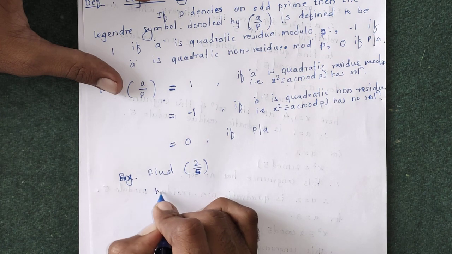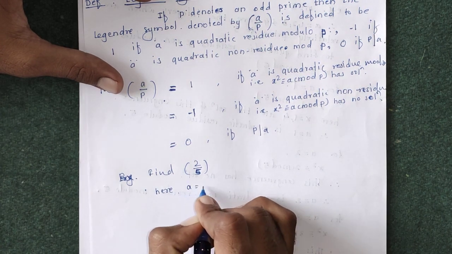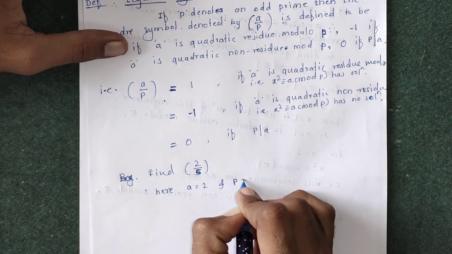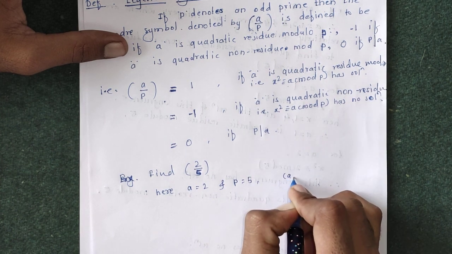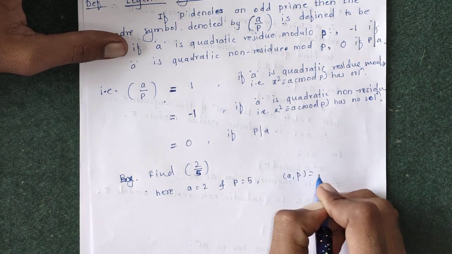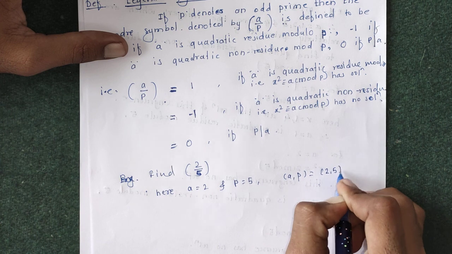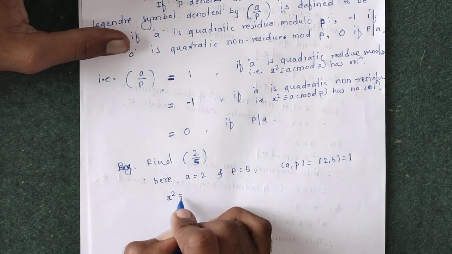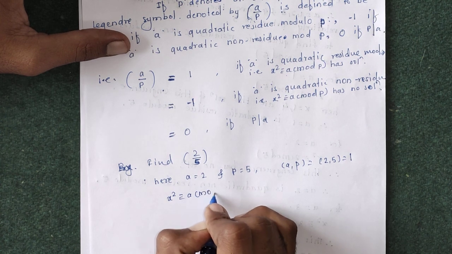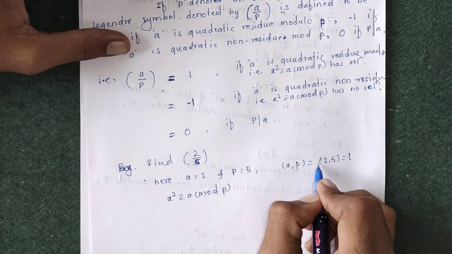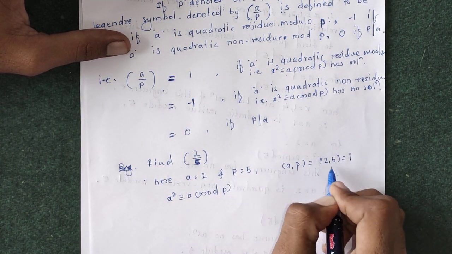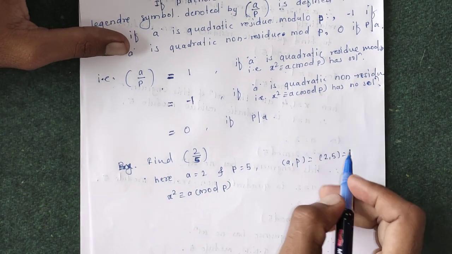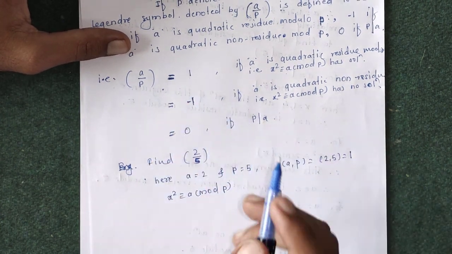Here a is equal to 2 and p is equal to 5. Clearly p doesn't divide a, so the value should be either 1 or minus 1.